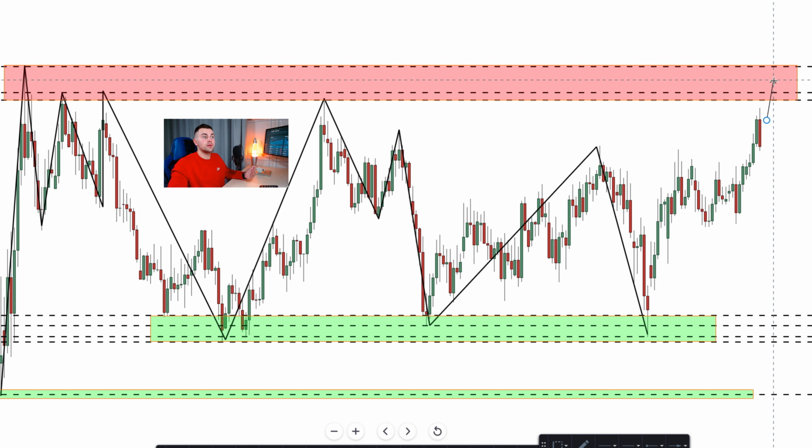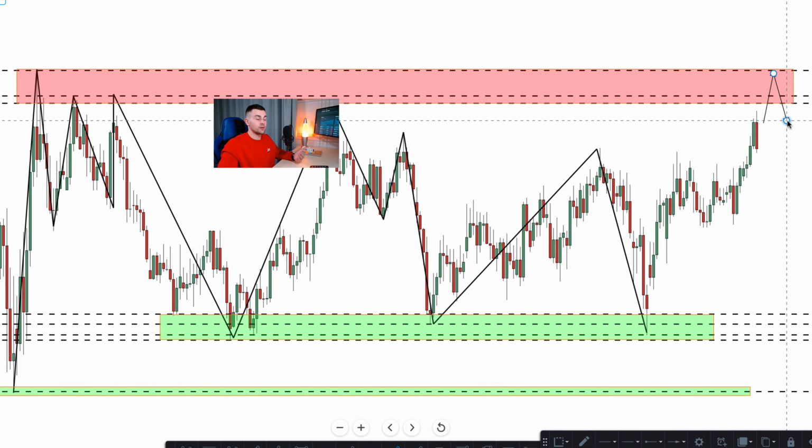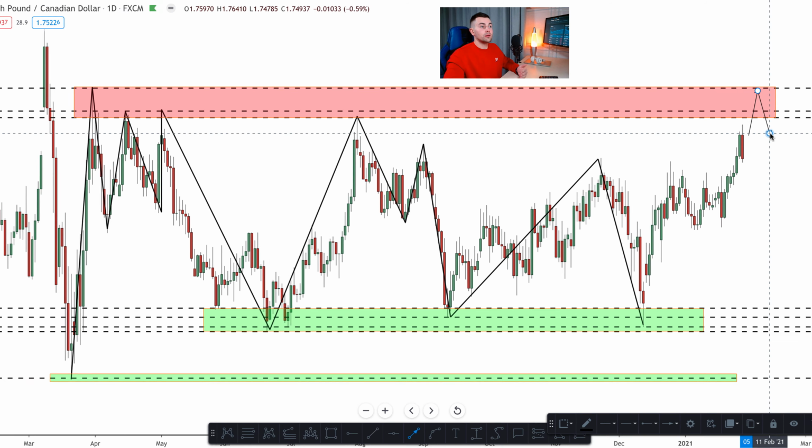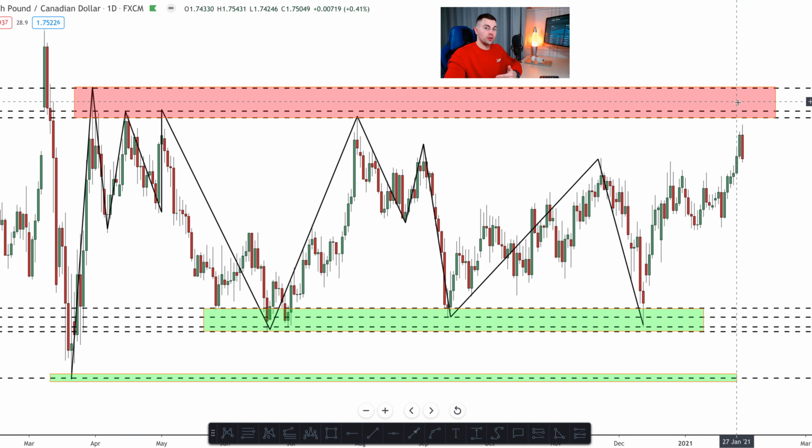We consider the entire area, the entire zone, and we look for the bearish movement from the entire area right here. To catch the bearish move from that, we let the market reach that zone. We let the market trade within that, and we are looking for the reaction of the market inside the zone.